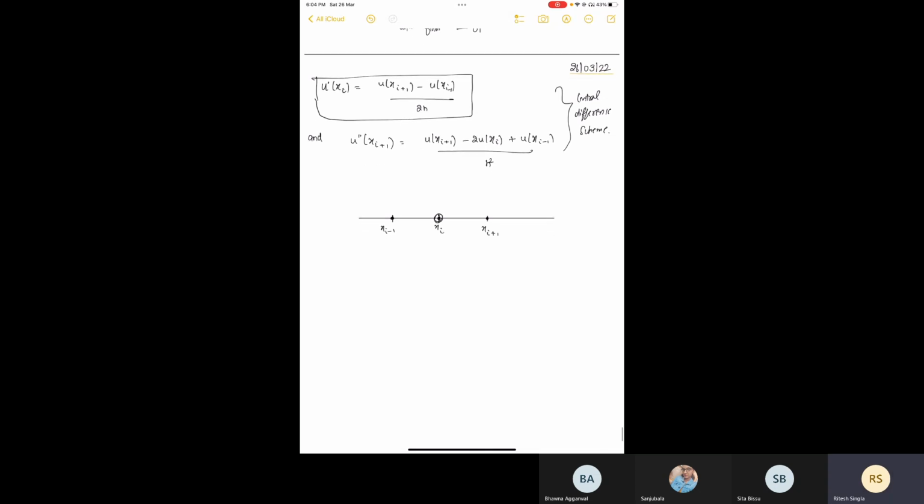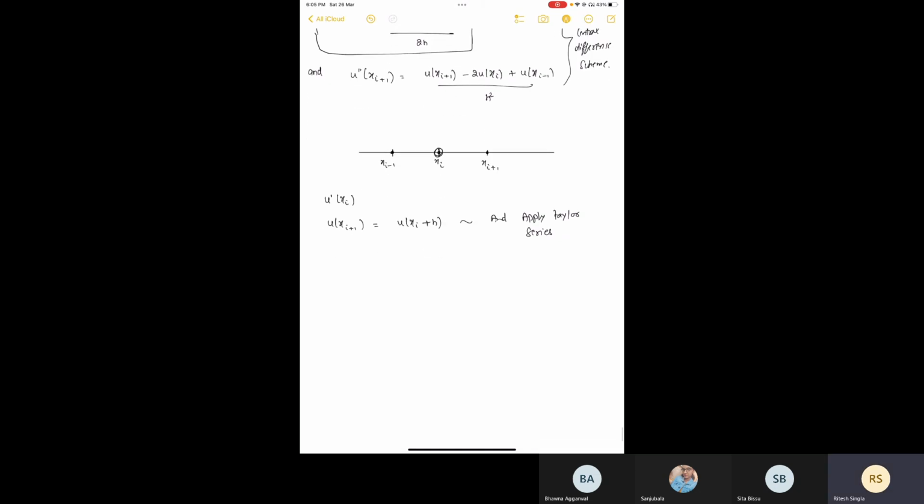In order to get this notation u prime of x of i, you start with u of xi plus 1, that is u of xi plus h, and apply Taylor series. So u of xi plus h equals u of xi plus h times u prime of xi plus some remainder term.